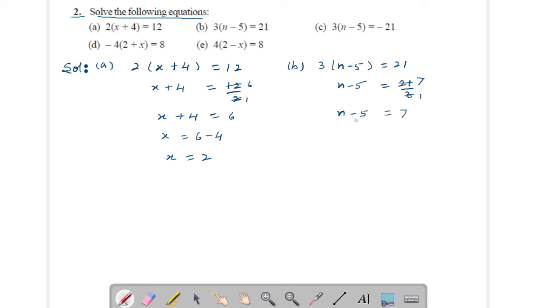That is n is equal to, when you transpose 5 to right hand side, sign will be changed. It will become 7 plus 5. N is equal to 7 plus 5, it is 12. N is equal to 12 is your answer.